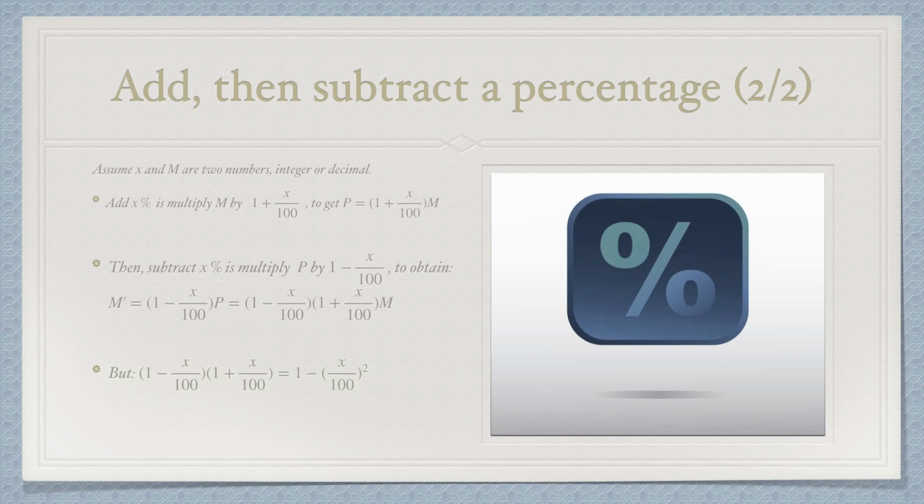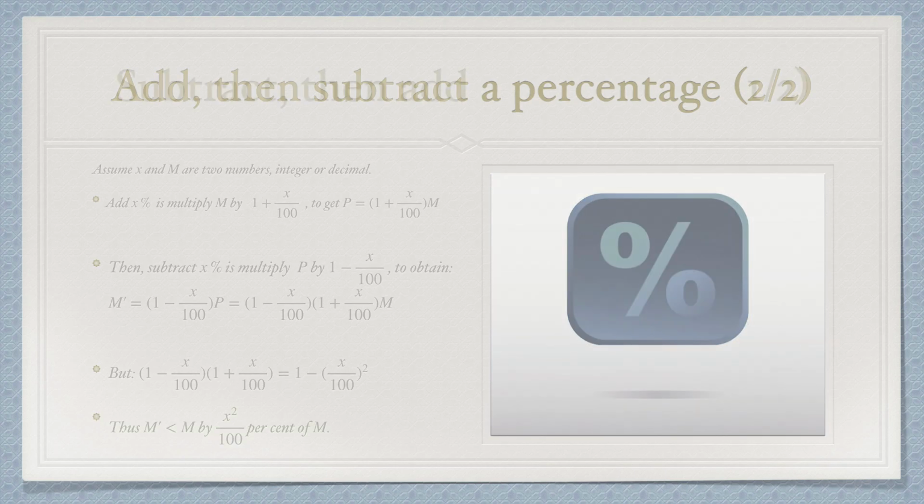But 1 minus x over 100 multiplied by 1 plus x over 100 is 1 minus x over 100 to the square. Thus, m prime is less than m by x to the square over 100% of m.